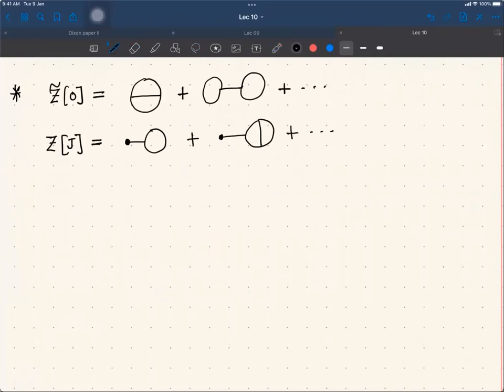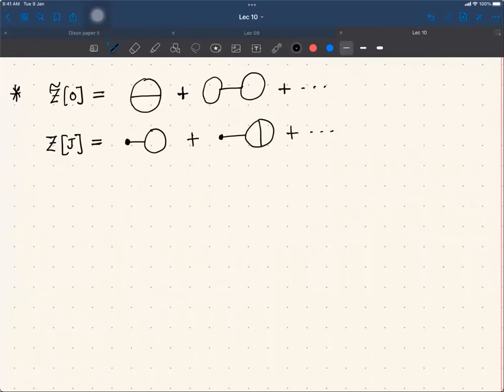We shall discuss the significance of this not having a tree-level diagram later on, but from diagrammatics, topologically, we see that there's no way you can draw a single dot diagram using 3 vertices.